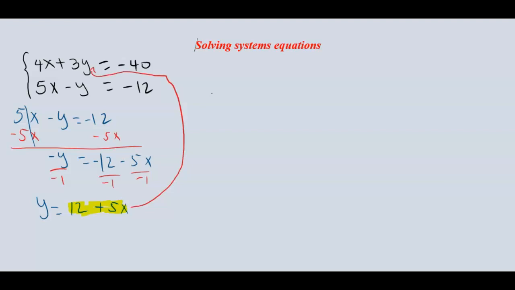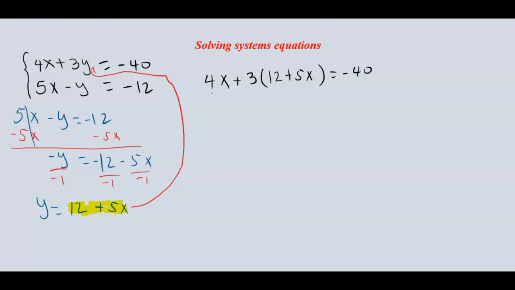Okay, so we're going to have 4x plus 3, and instead of y, we're going to have 12 plus 5x, equals negative 40.